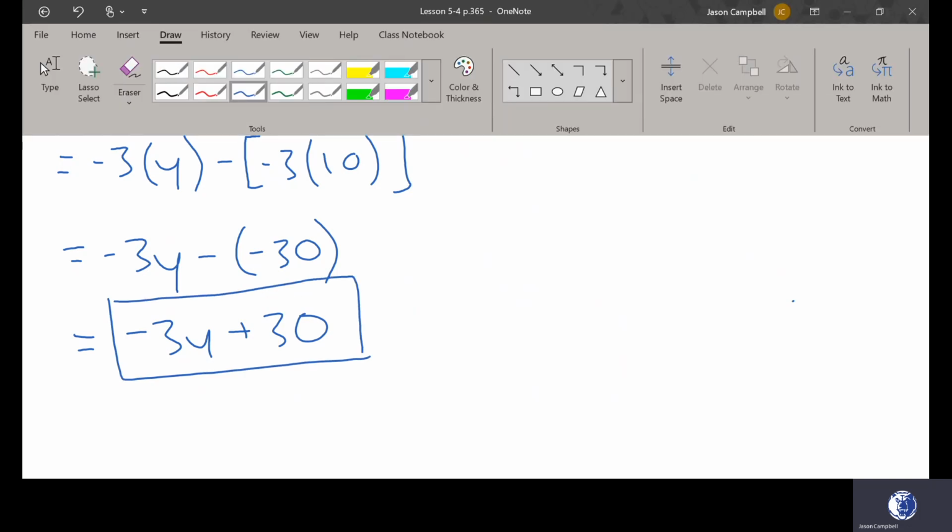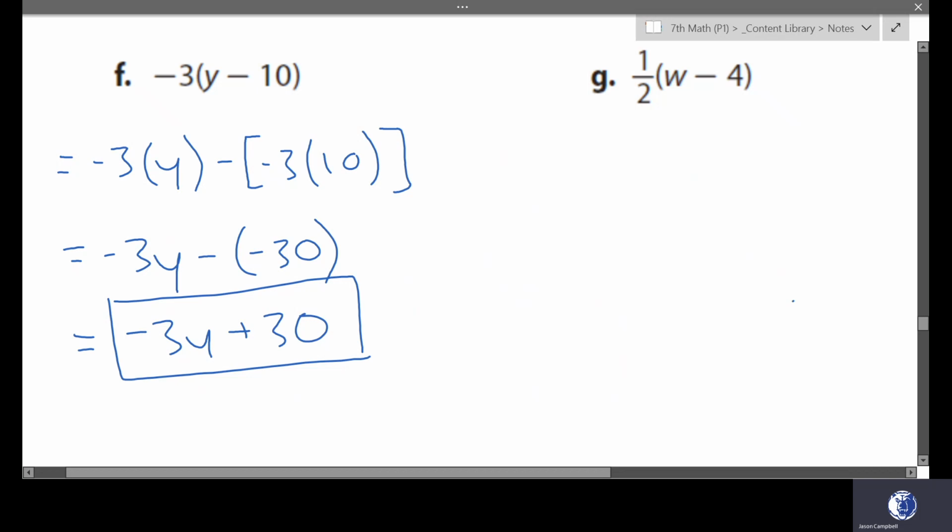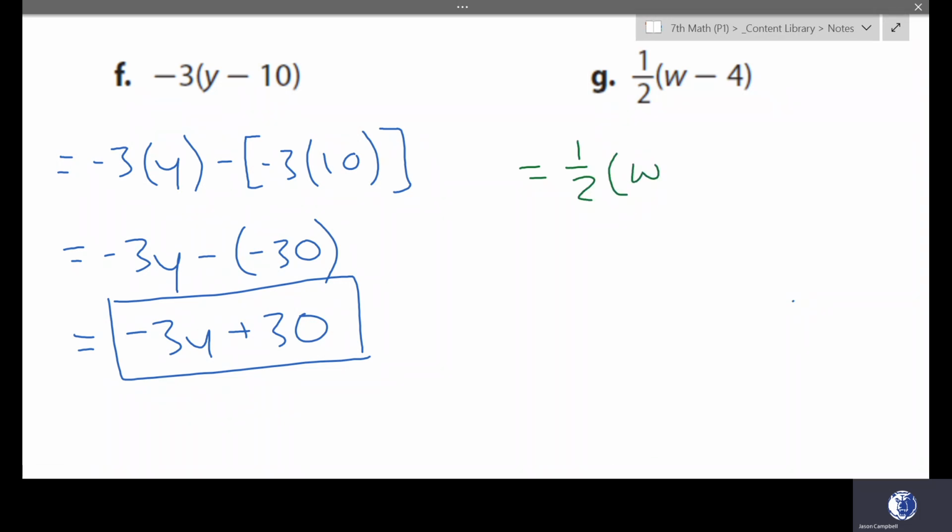And finally got it G. We're going to do 1/2 multiplied by w subtract 1/2 multiplied by 4. Now 1/2 multiplied by w is just 1/2 w.